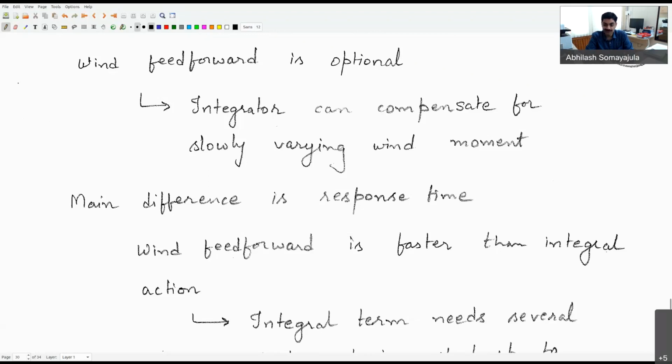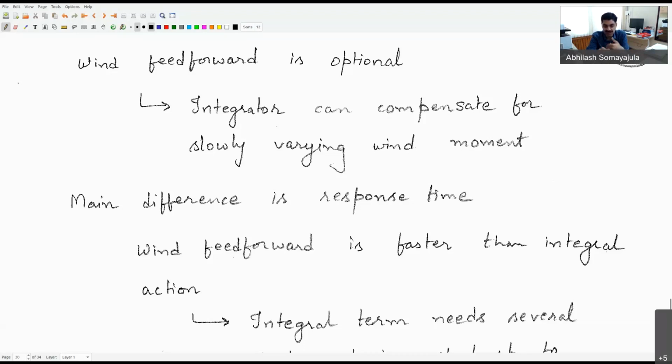Whereas the feedback system, which is your integrator, will only come into the picture once your error has accumulated to a larger value, and that error term will then start to push the ship back to the correct heading. So it has to deviate from its current heading, and then it has to come back. The response time is longer for your integral action. Not that your integral action can't take care of this steady state disturbance, it can, but the response time will be larger.